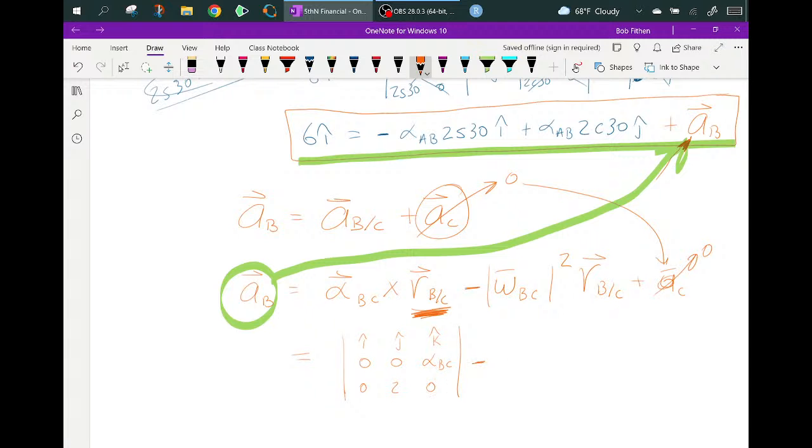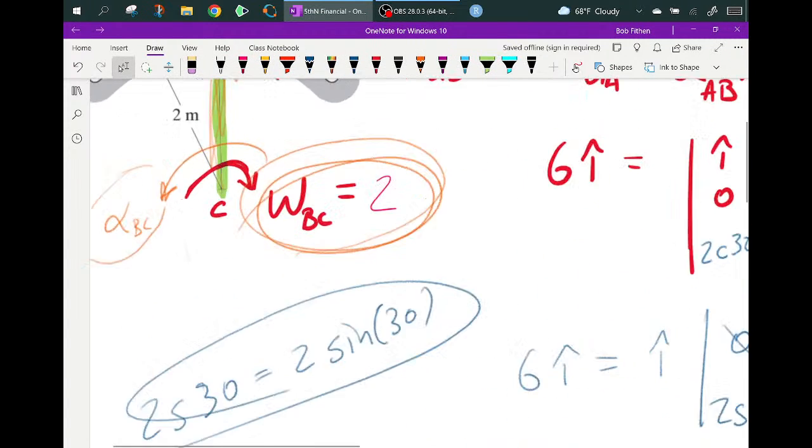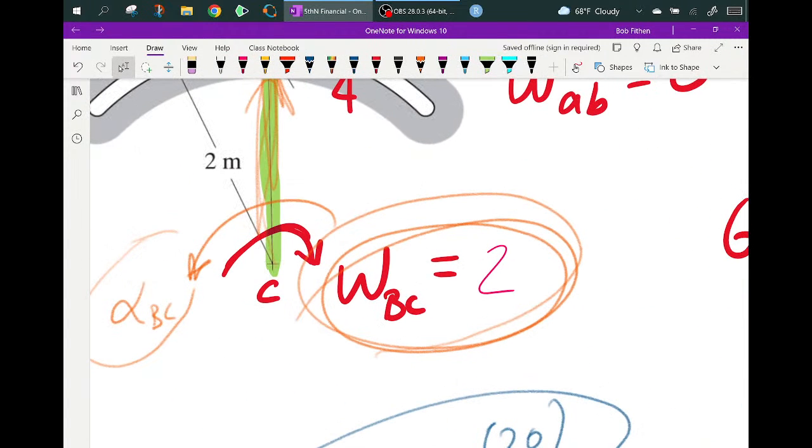Okay, so it is true that this is in the negative direction. So if you were to write it, omega BC as a vector would be minus 2K, indicating that it is rotating in that direction right here.